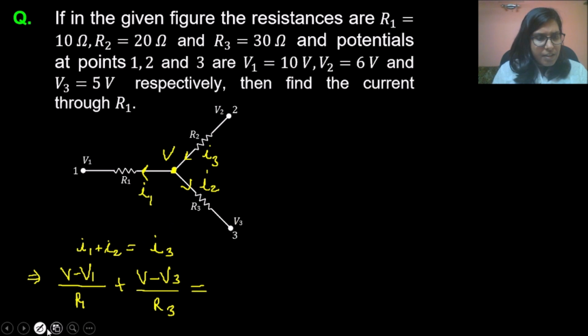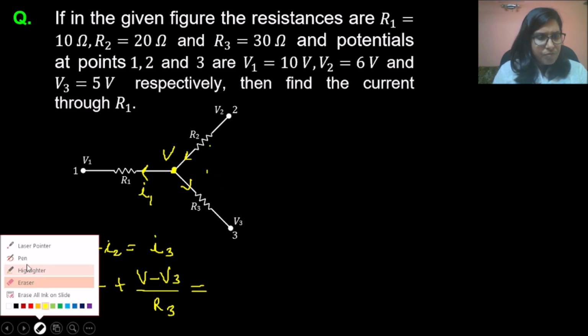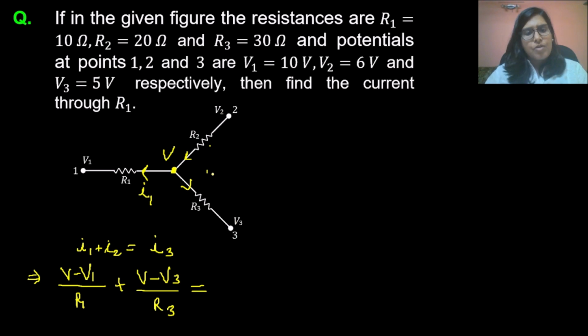Actually consider this like this. This is R3, no? So this will be I3 and this will be I2. Suppose this is I3 and this is I2, so the equation will change. I1 plus I3 equals I2.